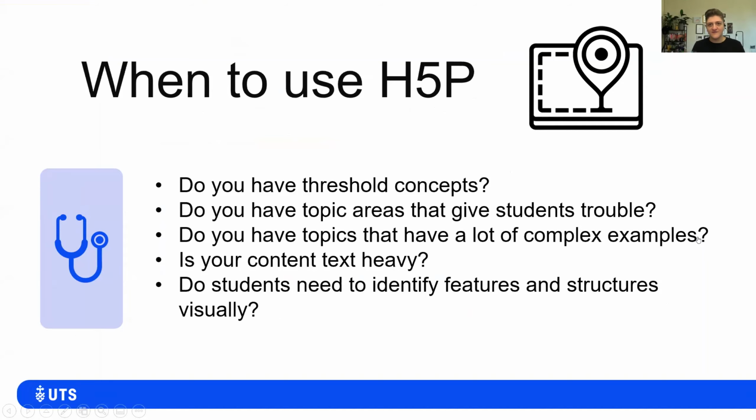But the questions you might want to begin with are: if you have certain threshold concepts in your subject, if you have known topic areas that give your students trouble, do you have some topic areas that have a lot of different examples that you might want to have set up beforehand that you can reuse?